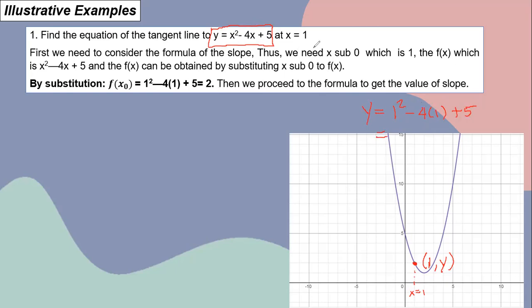That gives us 1 minus 4 plus 5. Okay, so 1 minus 4 is negative 3 plus 5. That is 2. Okay, so yung y pala, y coordinate ay equal sa 2. Okay, so we have the given point on the graph. So 1, 2 yung coordinates niya.